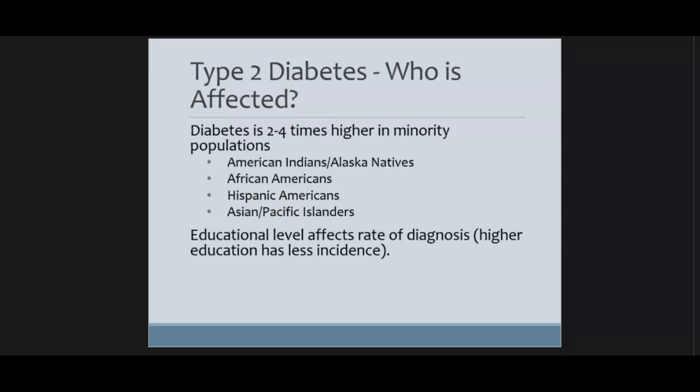The grocery stores and the food that's available on Indian reservations is oftentimes highly processed, unhealthy food.